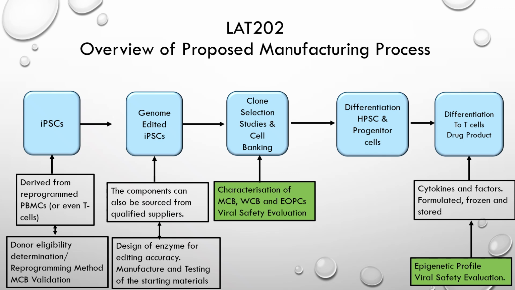So the plasmid contains the gene sequence for the Cas9 and the guide RNA. And the bank systems are usually bacterial cells, so they're E. coli, and they are stored in these master cell banks, and these master cell banks have to be tested extensively for identity, stability, and purity to ensure that you've got no bacterial or viral contamination.